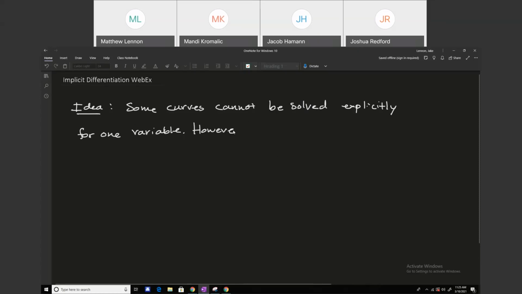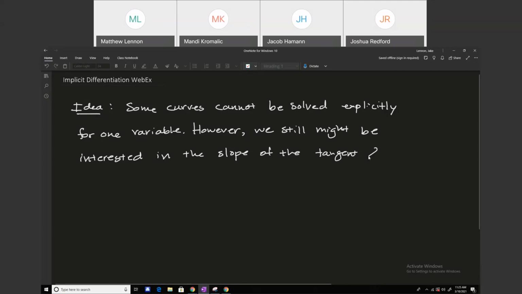So, however, we still might be interested in the slope of the tangent line to these curves.